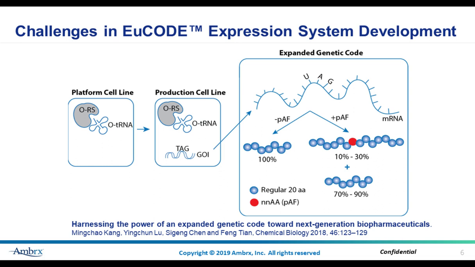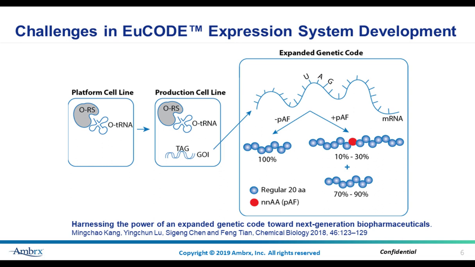Everything is too good to be true, right? Here come the challenges when generating the production cell line from the platform cell line. The non-natural amino acid, pAF, is needed to generate a site-specific protein. Without pAF, cells can only produce truncated proteins.